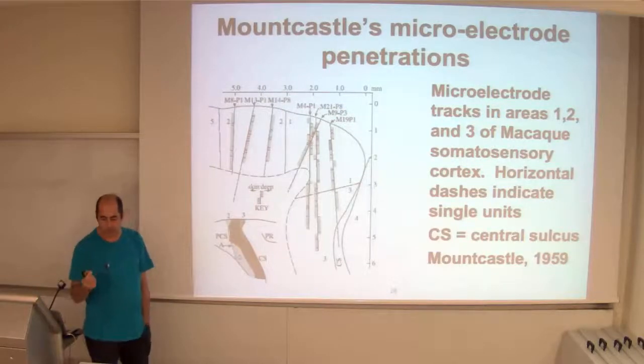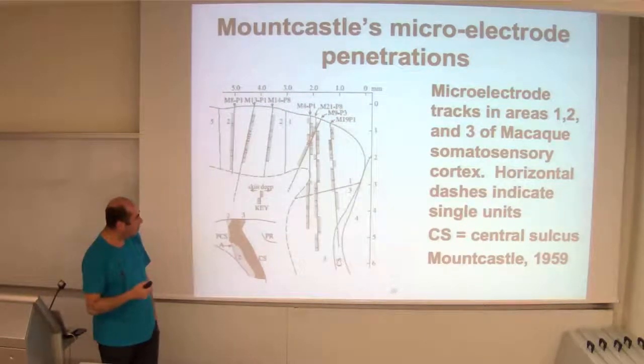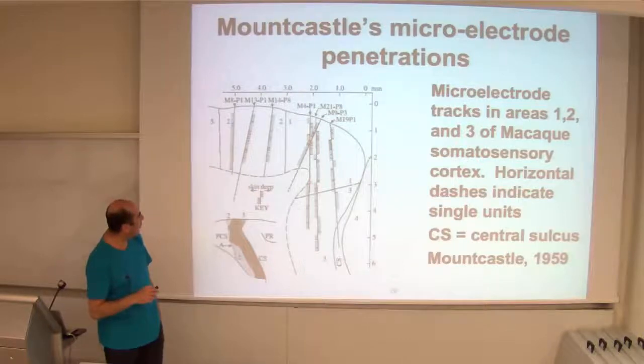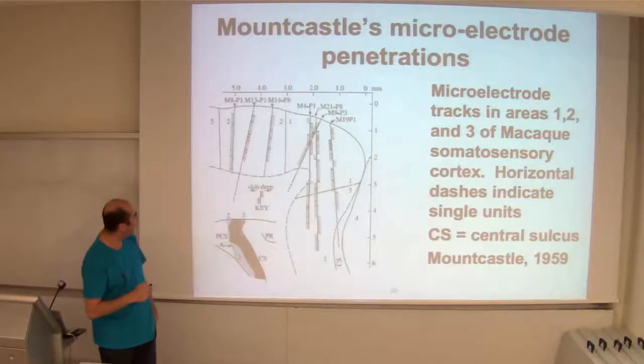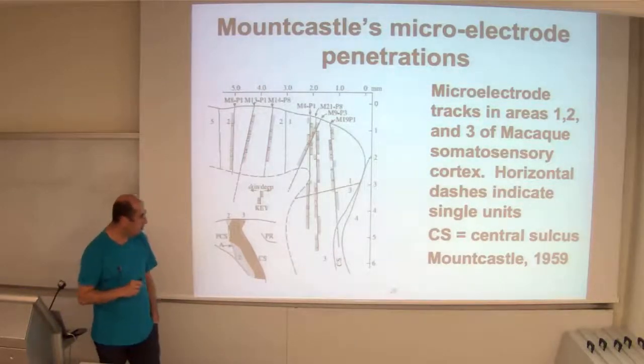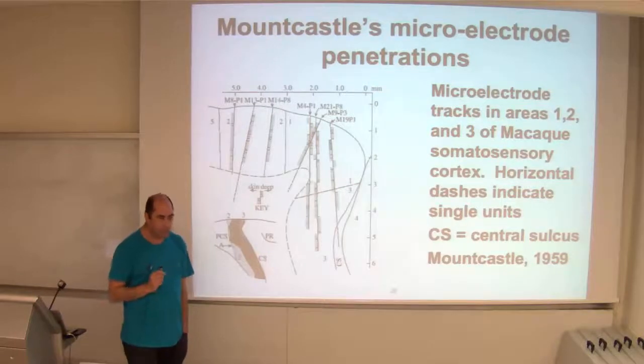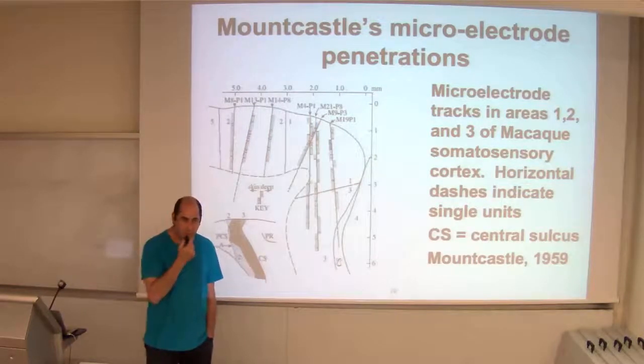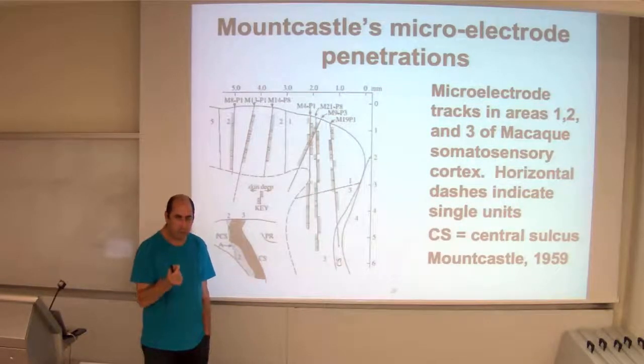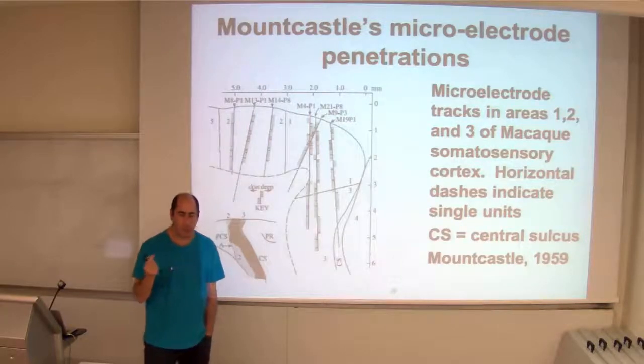What you see here are penetrations of an electrode through the cortex. And he was studying, if you remember from our first talk, one of the receptors called the Pacinian corpuscle.